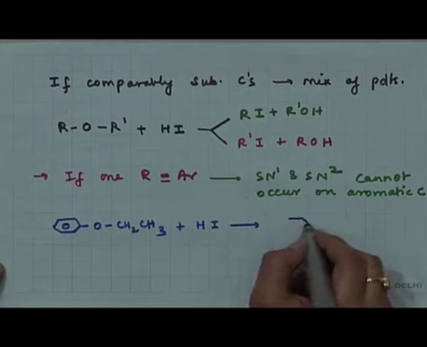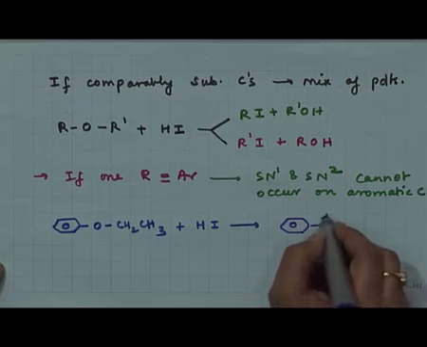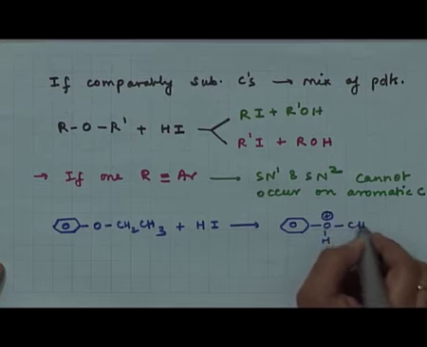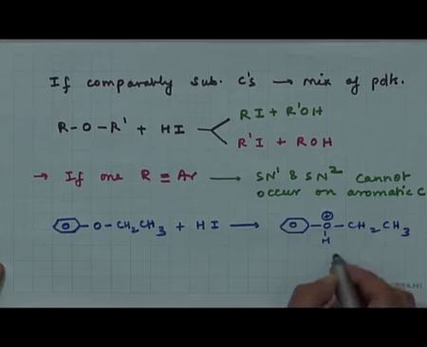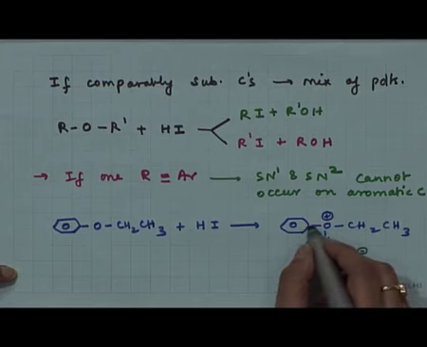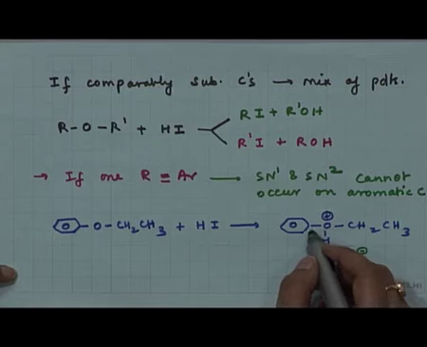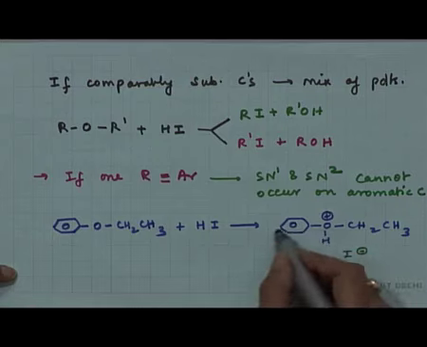So, your first step is the protonation, which gives you this protonated ether, and now when your iodide comes, it cannot attack here, right. This is not a stable carbocation, your phenyl, and SN2 cannot occur from the rear side.